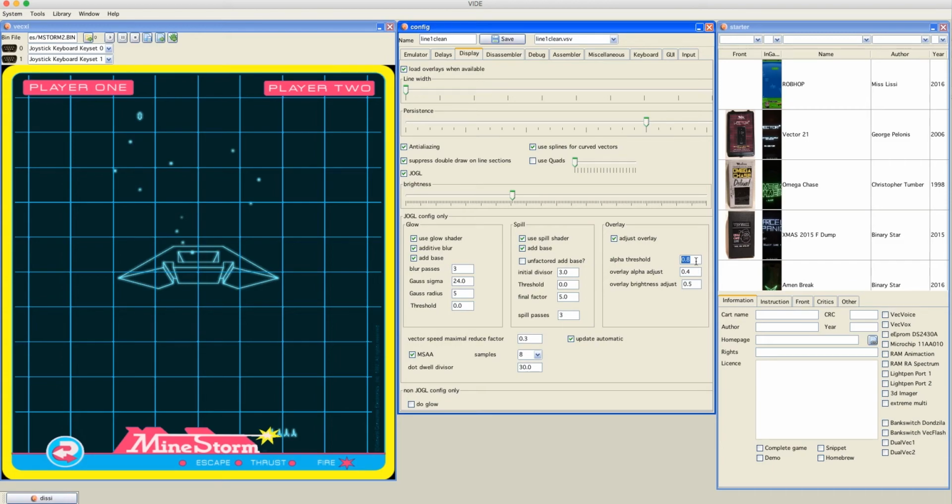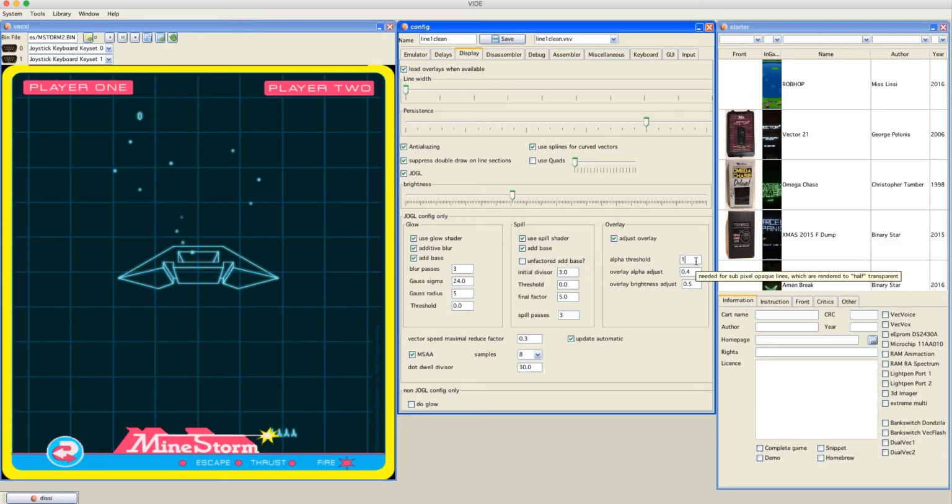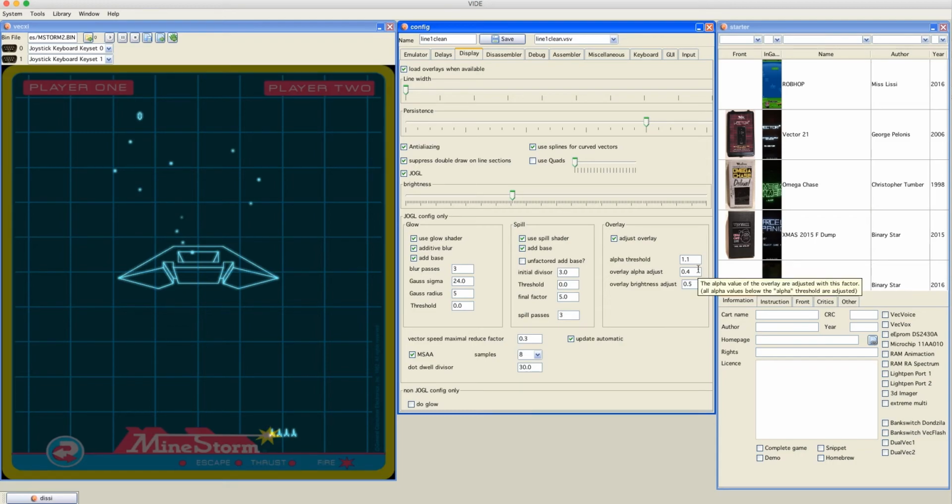Everything below the value I give as threshold here is taken as transparent.